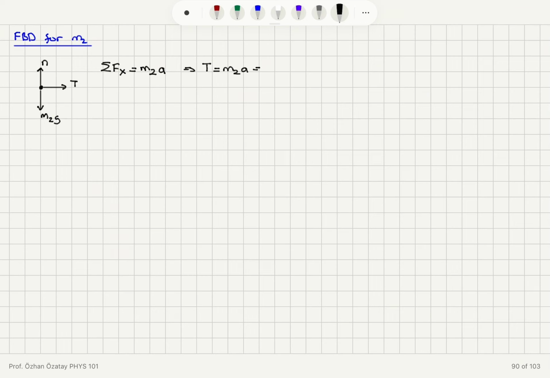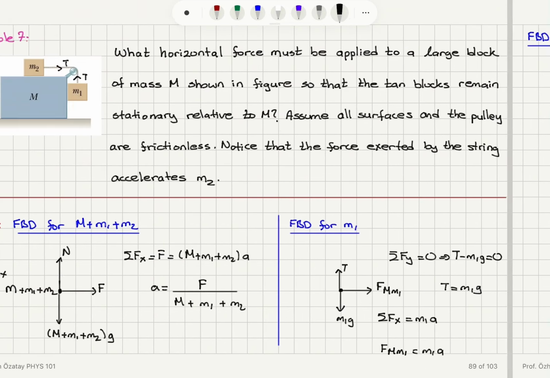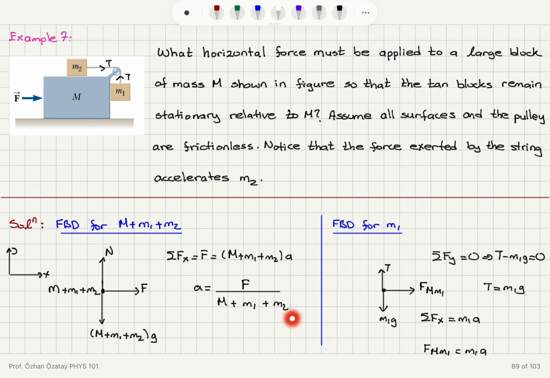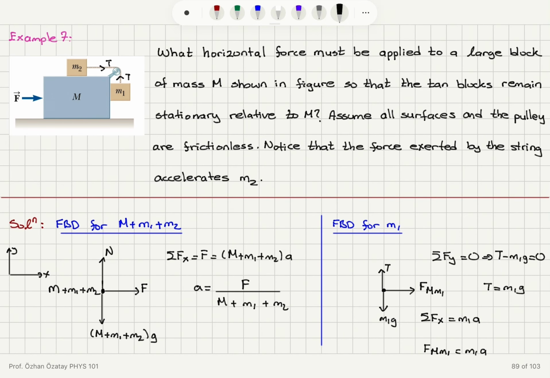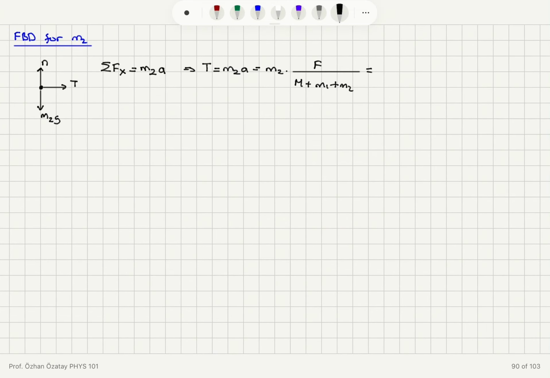and remember that A was found as F divided by capital M plus M1 plus M2. So I substitute this result, and this is going to give me also the tension T must be equal to M1G.